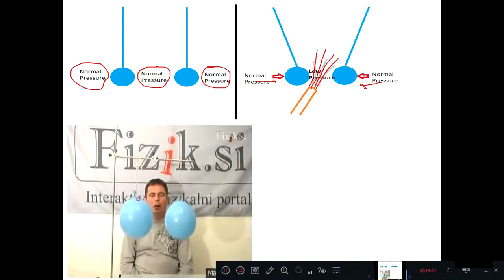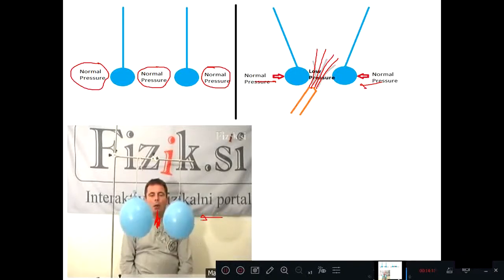The two balloons are tied here, and this person is blowing the air in between the two balloons. In this gap he is blowing the air. As the air particles are moving very fast here, at high speed, wherever the speed of the air particles is high, there is a region of low pressure.